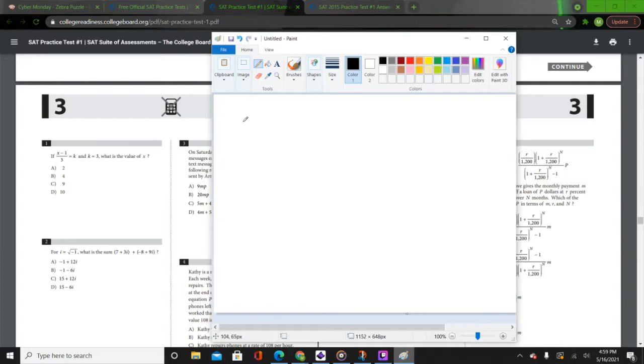Keep forgetting, my bad. i is equal to the square root of -1. That is true. However, for this problem, we can treat it as x. Why? Because x is a variable we're more familiar with, and i being equal to the square root of -1 does not matter at all in this problem. And let me rewrite this.